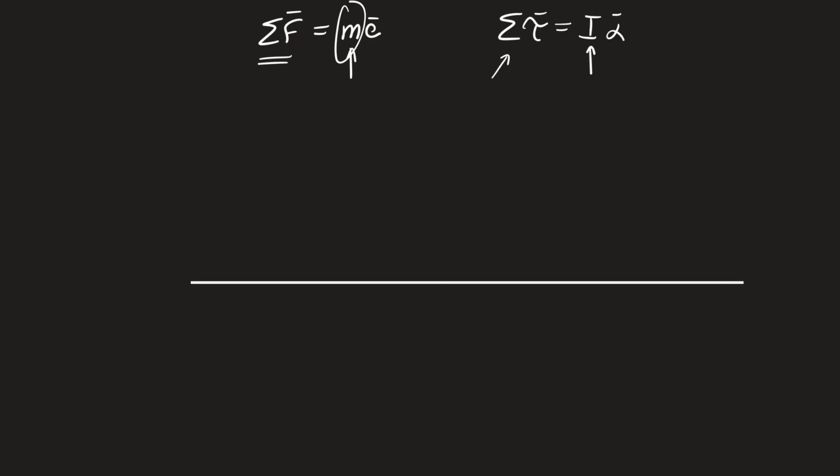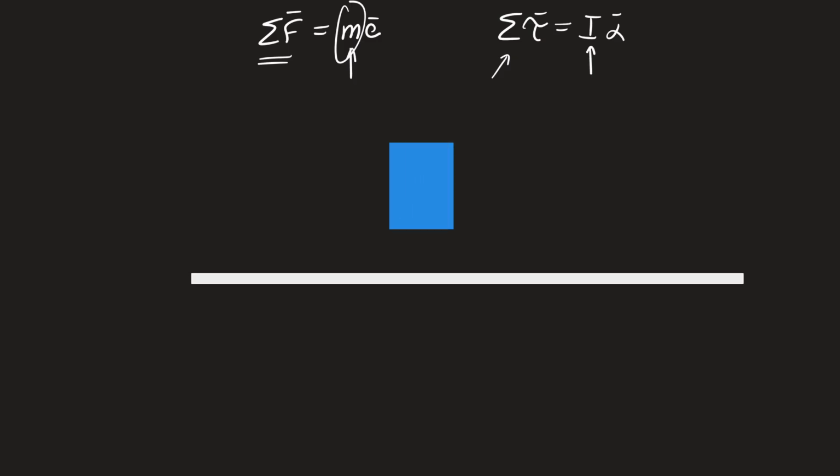Torque plays out in other places that you may not be thinking about. Let's say you have a box you want to push across the floor, and you're going to apply a force to the box. You are all aware that there's probably a variety of forces acting on the box.